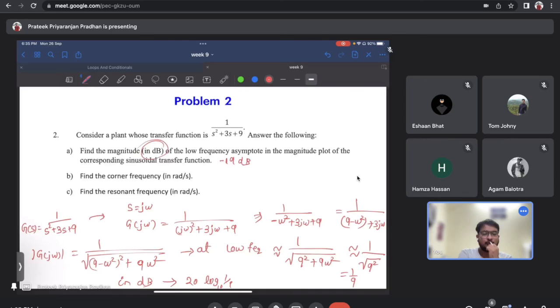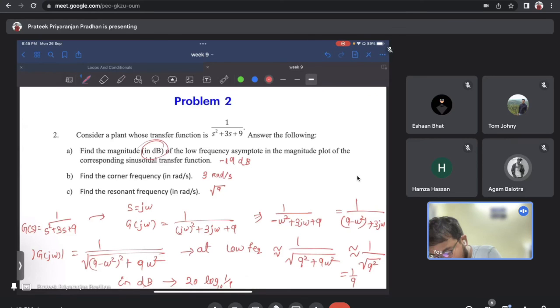What's the unit of omega? Radian per second. So this is the resonant frequency of the system. Is it clear? So root over 9 by 2 is equal to 2.12 radian per second.